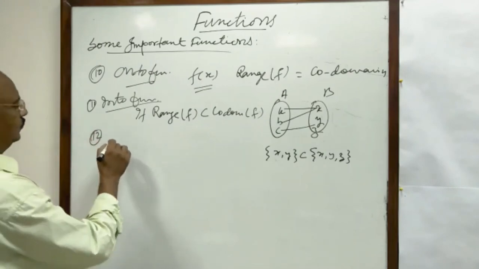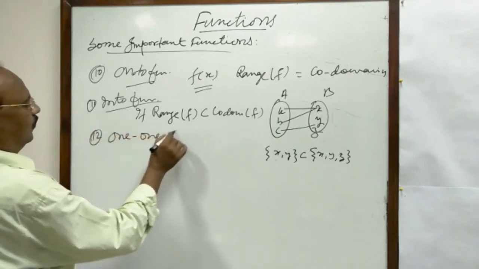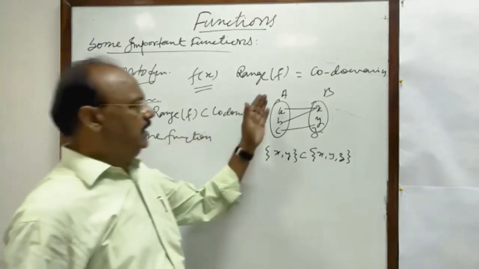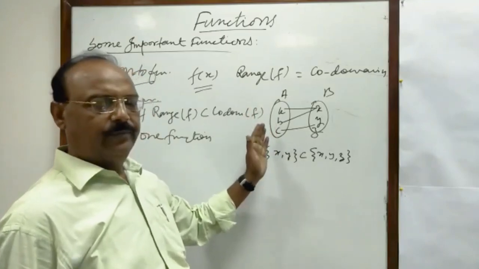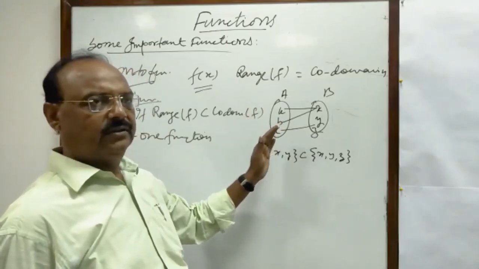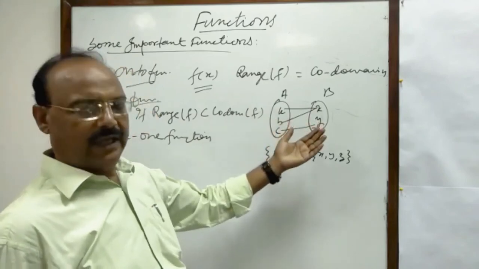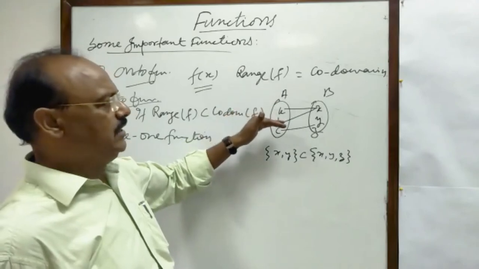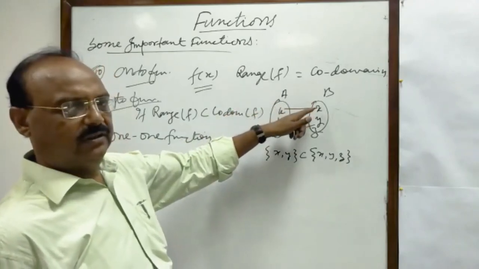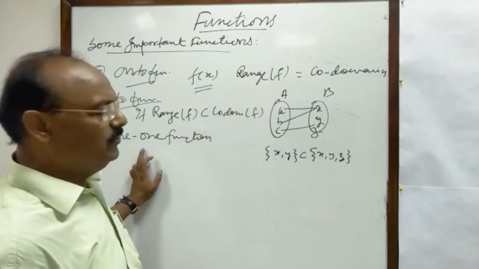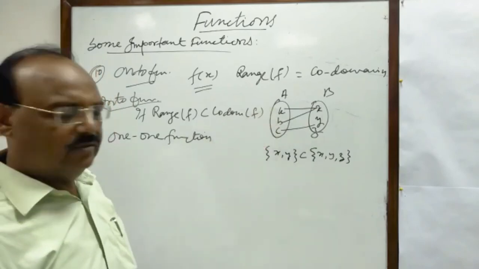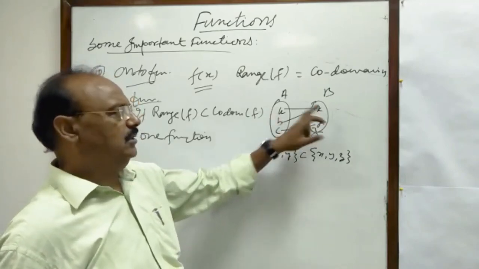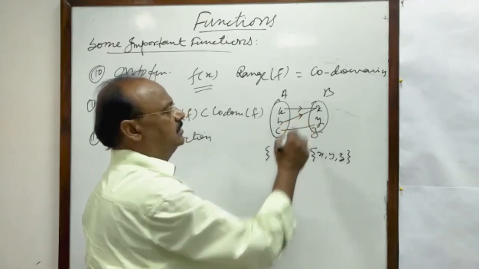Next, one-one function. If every element of the domain is associated with a unique element, but not more than one element is associated with the same element, then this is a one-one function. Here in this case, we find that these two elements a and b both are associated with only one element x.